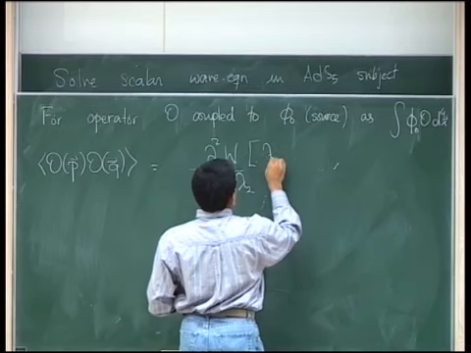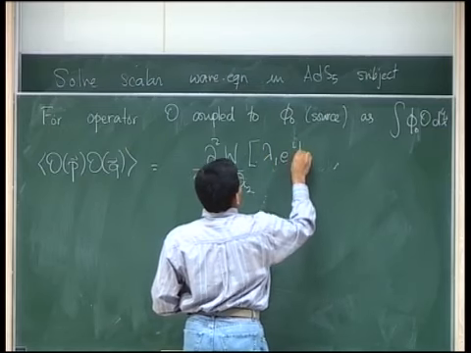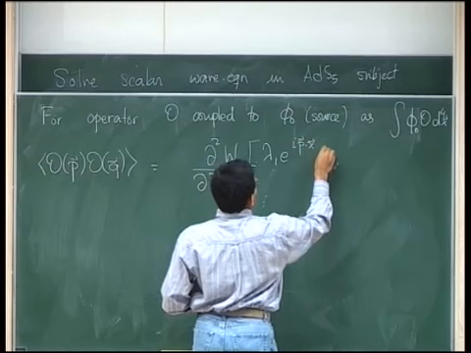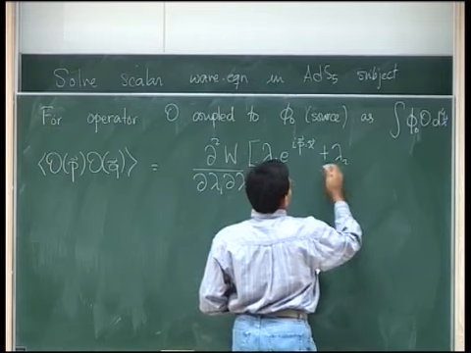And I'll write my source phi naught also in a Fourier expansion with Fourier coefficients lambda 1 and lambda 2.